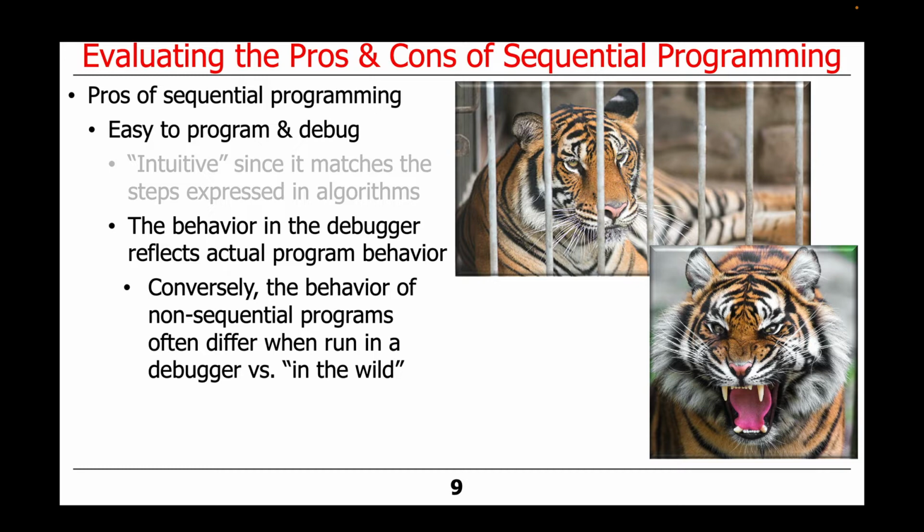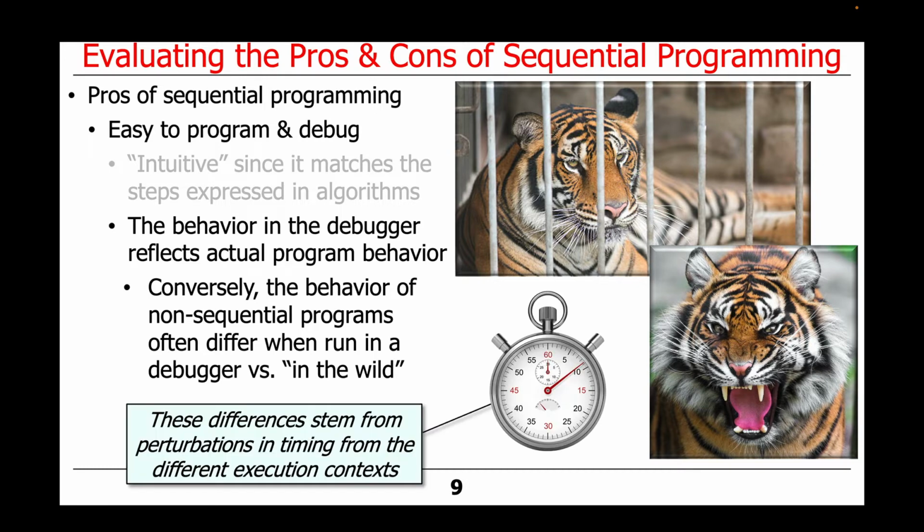And the reason, of course, for this divergence is because there's often perturbations in timing in the different execution contexts. So when you run in the debugger, some threads, typically the thread that you're stepping through, will be running in a different time frame than all the other threads that are not running in a single step as part of the debugger process. And that may not be the way things would behave if you weren't running in the debugger.